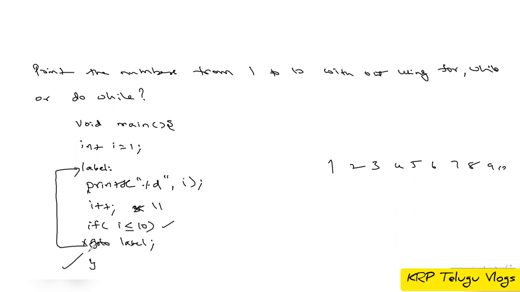This is how we can do it without using for, while, and do while. Without using loops, we can iterate the statements using go to.